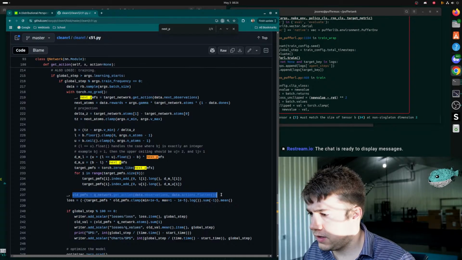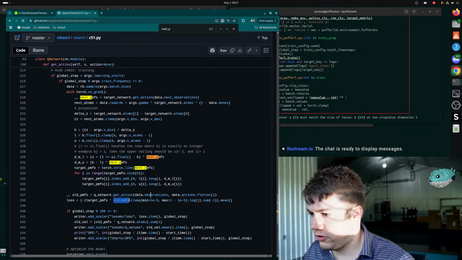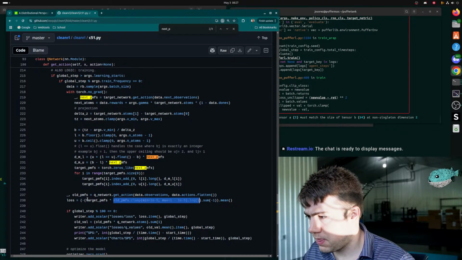Okay, so you get your action here, and then the loss is your action log probs.